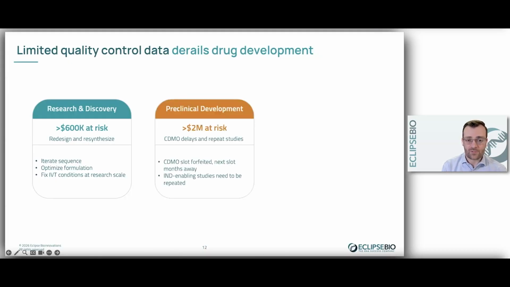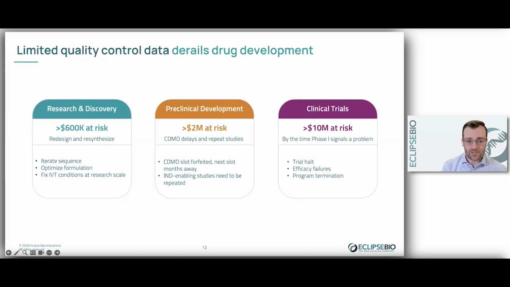But if a quality control issue is not caught until later in preclinical development, it could lead a drug developer to miss a prescheduled slot with the CDMO, extending the time for it to actually be produced, leading to months of delays and significant costs. Or in a worst case scenario, a quality control issue isn't caught until an actual clinical trial, which can lead to a halt of that trial or even a termination of the program. Which makes it critical that as the field continues to advance and we continue to expand the types of therapies that are being produced, quality control also advances as well, so that we can capture issues and identify how to fix them sooner in the process.